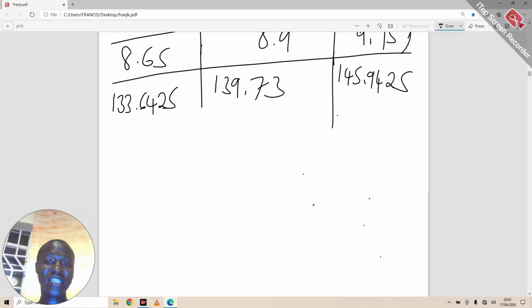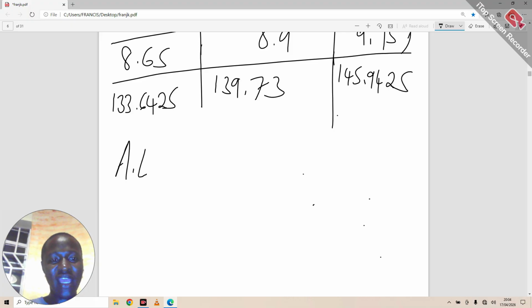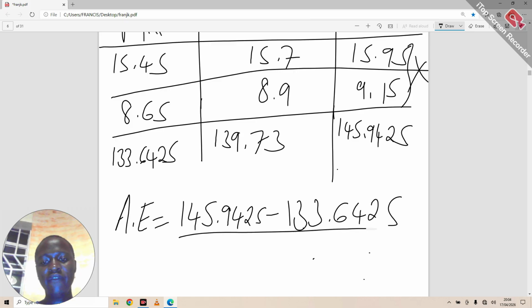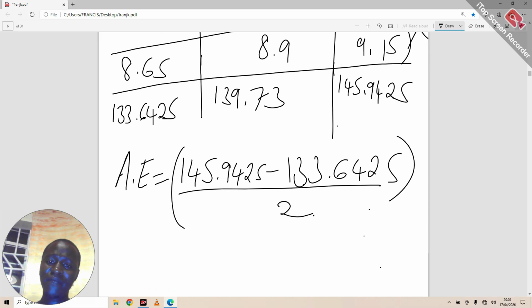Relative error times 100%. How do I get relative error? Absolute error over actual value. How do I get absolute error? Take the maximum value, 145.9425, minus the minimum value, 133.6425, divide by 2. Remember, if it were the maximum percentage error, our work would have been easy: take the maximum value minus actual value, then divide by 2, multiply by 100%.